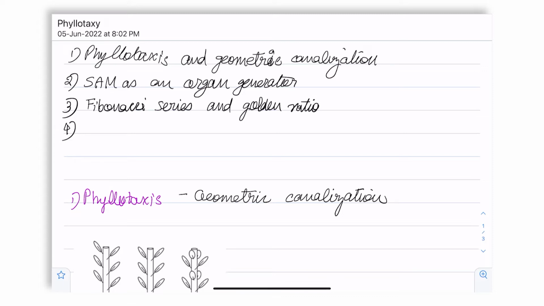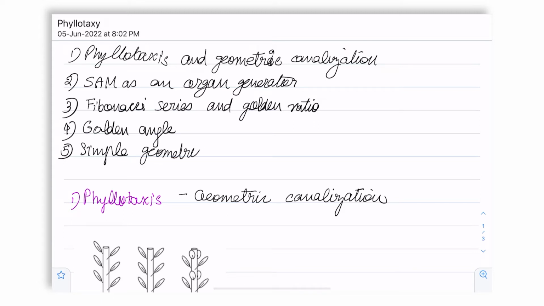We will briefly touch upon what is the golden angle and the fact that it shows up in phyllotaxis, and end with a simple spiral model of phyllotaxis.